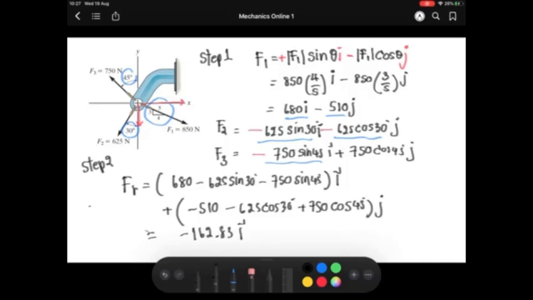Please use your calculators to continue with me. In that case, you have to practice how to use your calculators. And then the other term will be minus 520.94 j. And this is our resultant force in terms of the vectors.